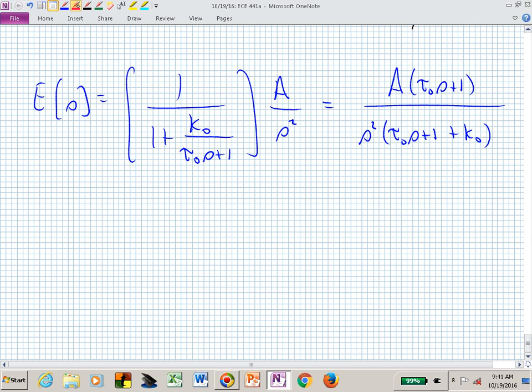And if I wanted to, I could factor that into a pole-zero form, and I could have tau sub 0 times S plus 1 plus K sub 0 over tau sub 0. And now I know where my pole is. It's at minus the quantity 1 plus K naught over tau naught.